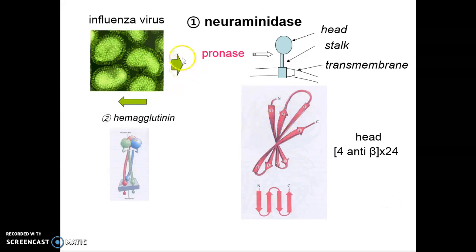Two membrane proteins on the influenza virus are neuraminidase and hemagglutinin. We're going to look at neuraminidase first.